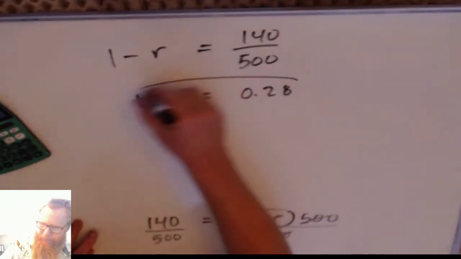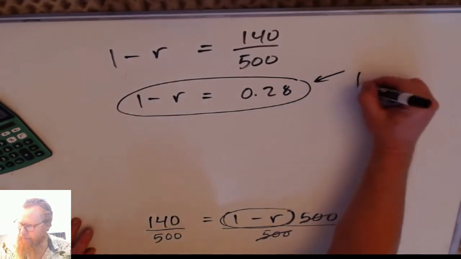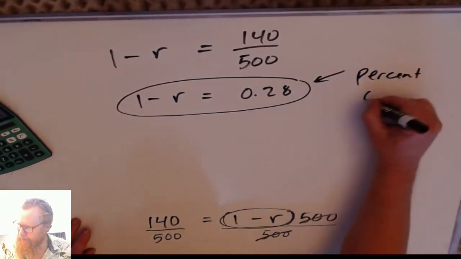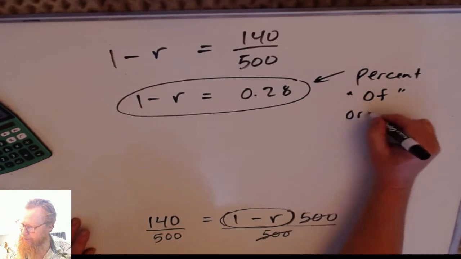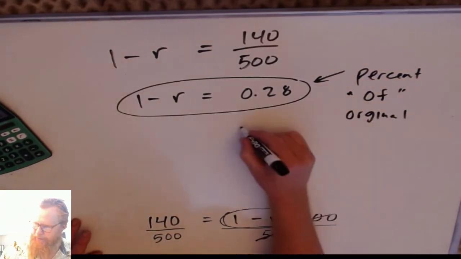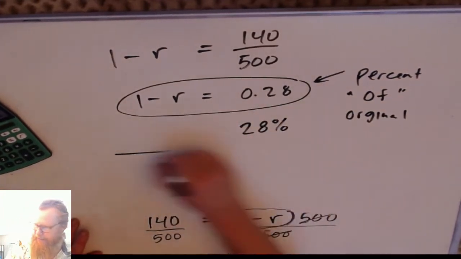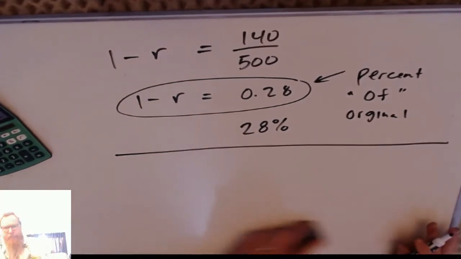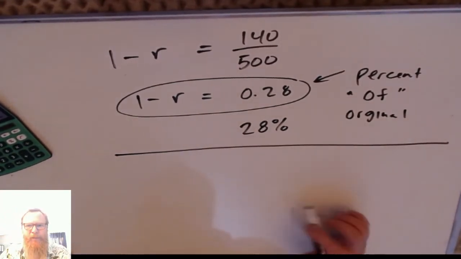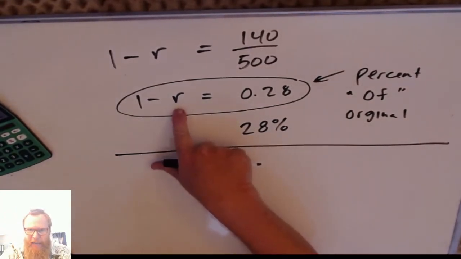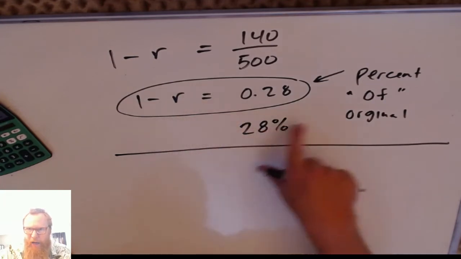So this is the percent of the original. So that's 28%. Don't solve for R yet. We don't want R. We want of.